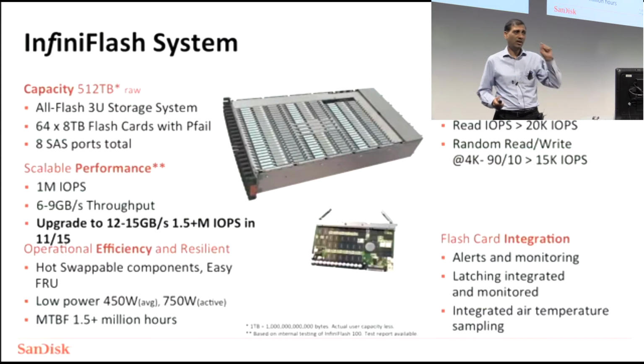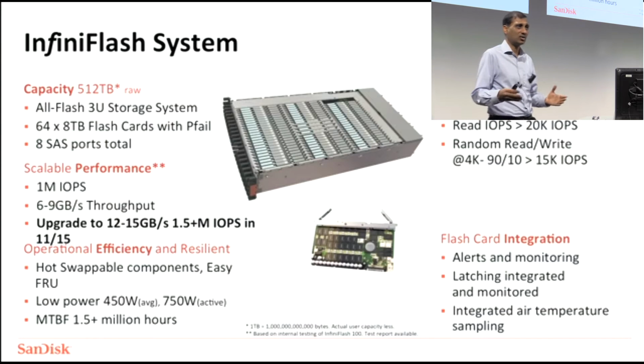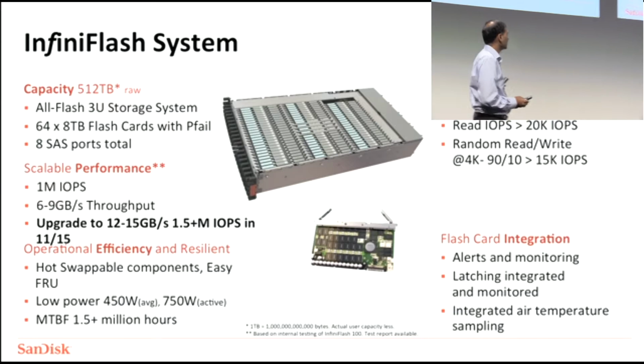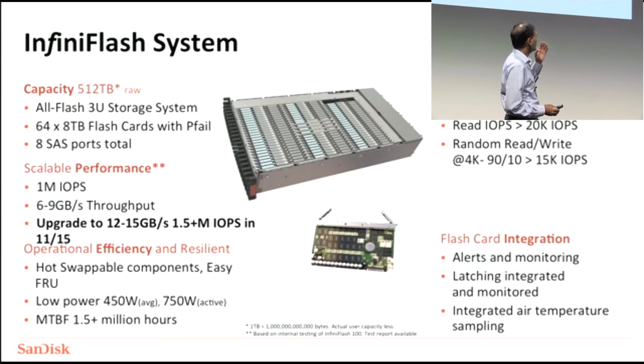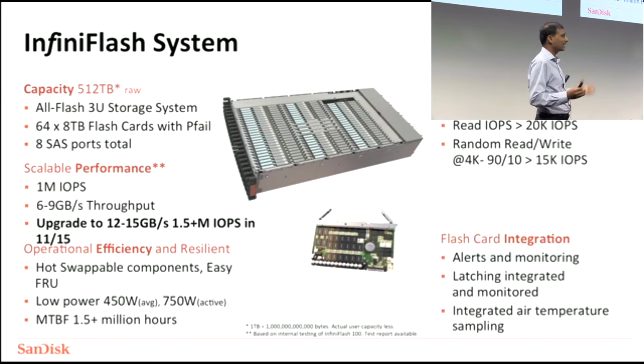Before we talk about Ceph and how Ceph works with flash, here is a very brief overview of the system. This InfiniFlash is the system. We're able to pack in 512 terabytes of flash in a 3U chassis.